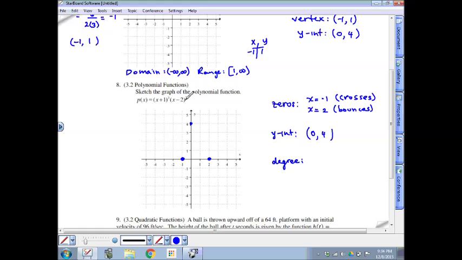We have a multiplicity of 3, a multiplicity of 2, that equals 5, so the degree is a 5th degree. Essentially what that means is the end behaviors are going in different directions on the left and right side. In this case, the left side's going down and the right side's going up. If there had been a minus sign in front of the polynomial, this would have switched to where the left side's going up and right side's going down. So anyway, left side's going down, right side's going up.